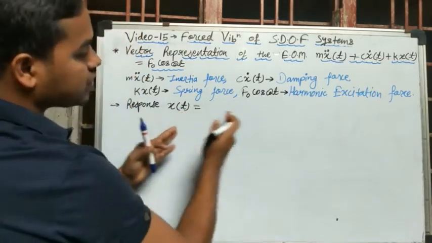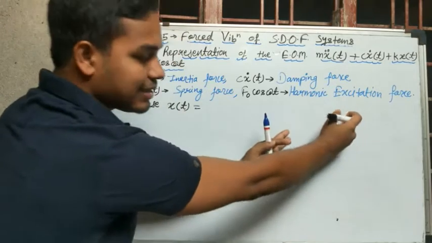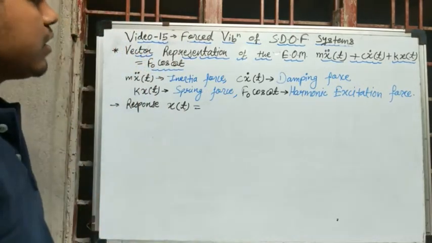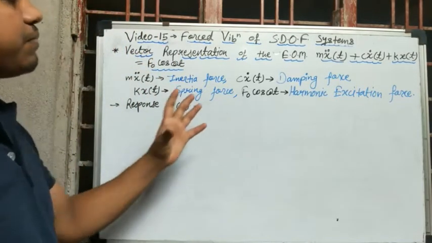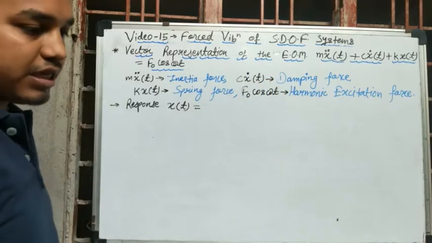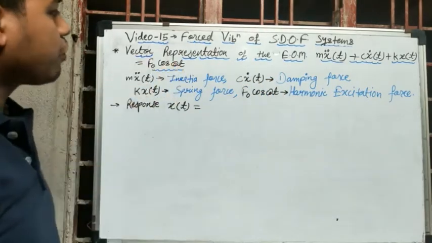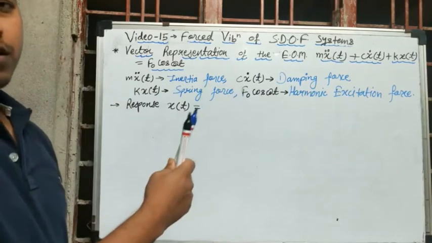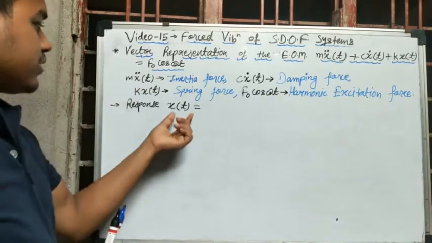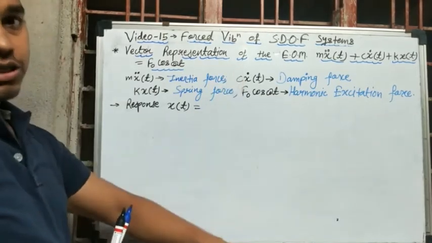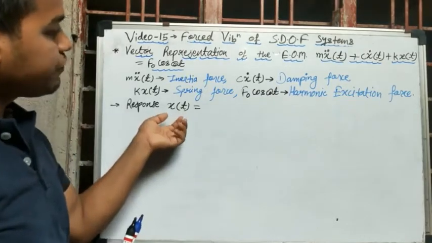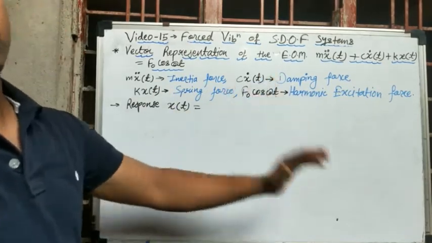But after a sufficient period of time of the harmonic force F naught cos omega t acting over this system, the transient response vanishes and the total response will be the steady state response only.